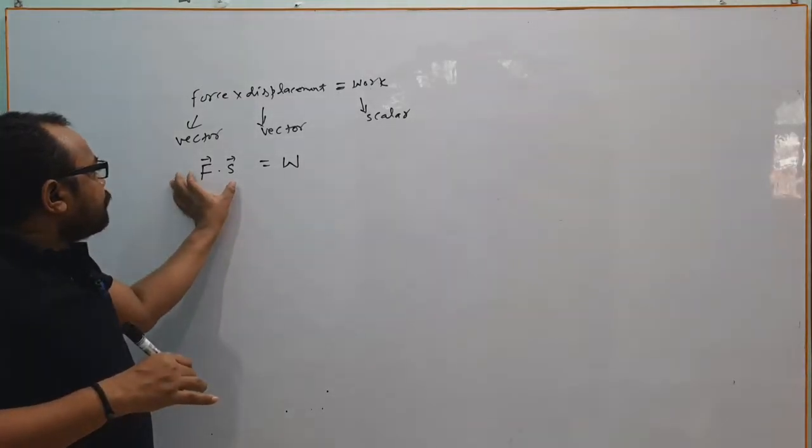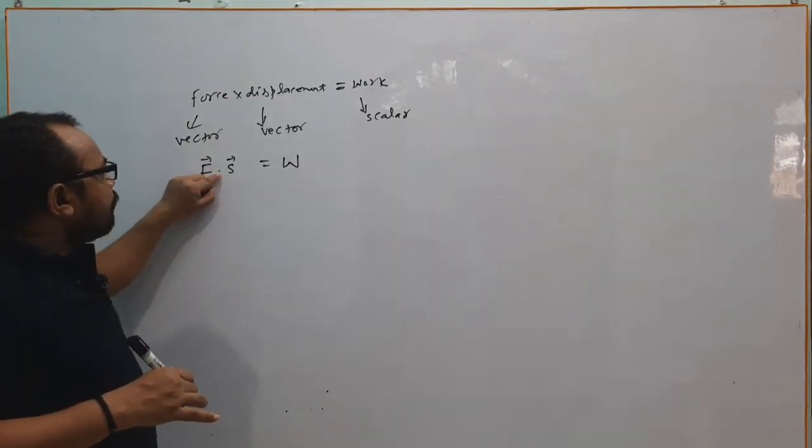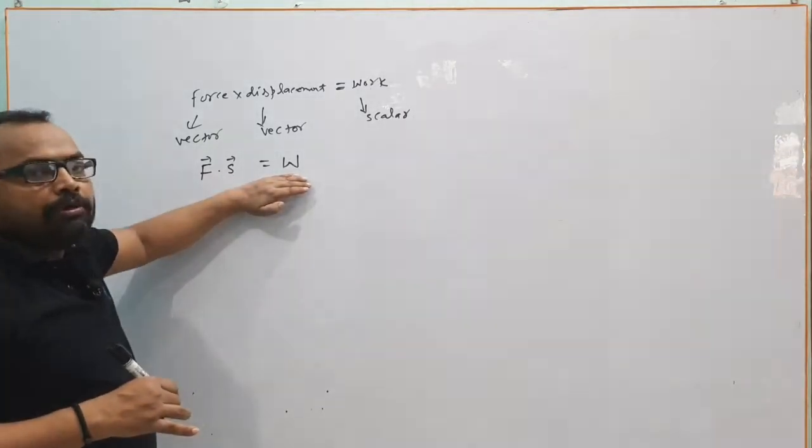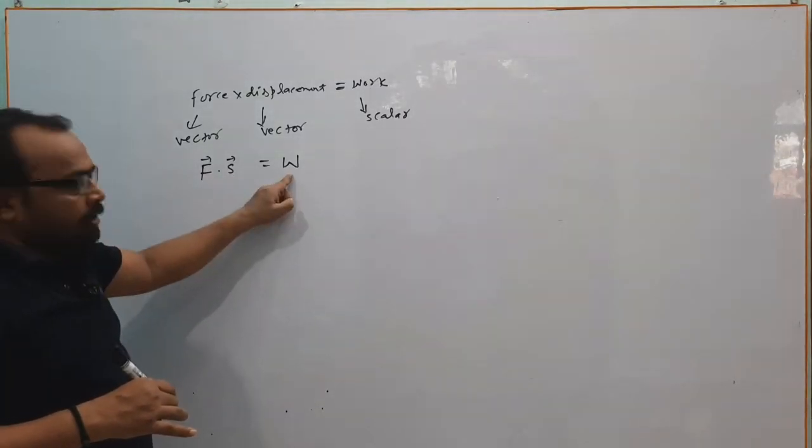It is read as vector F dot vector S and it is equal to W and this is a scalar.